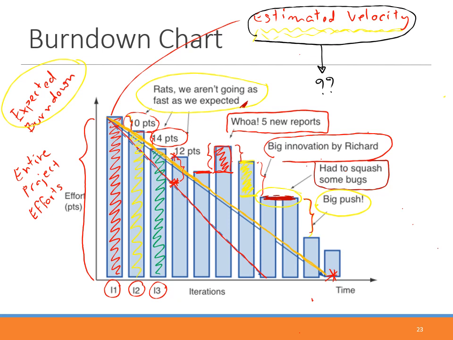And if you do this and also note what happened in each iteration, as we show in this example, you can see the whole project happening. You can see what went wrong in the past, and what we should do to prevent those mistakes from happening again. You can also see that if you have some big innovation, you can really jump your project progress very fast.